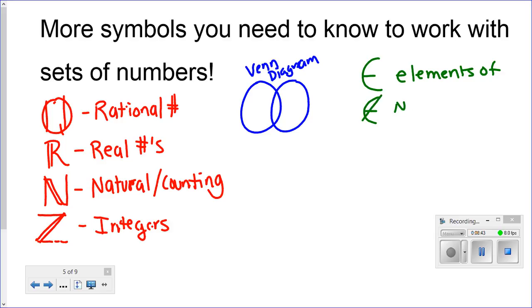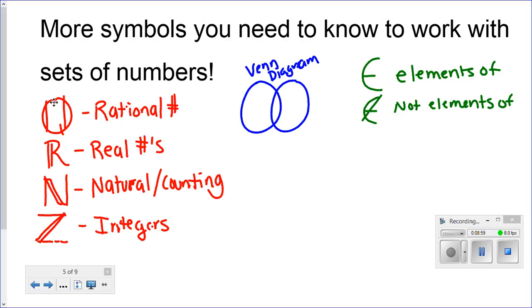Remember, we have elements and not elements. We also are going to be showing different types of information that comes out of the Venn diagram.